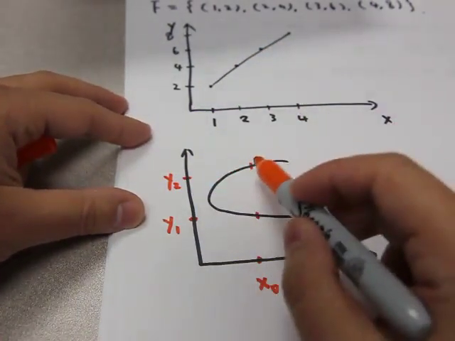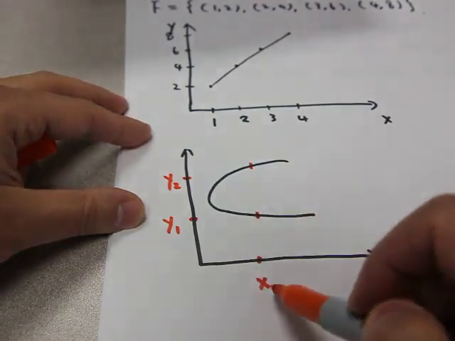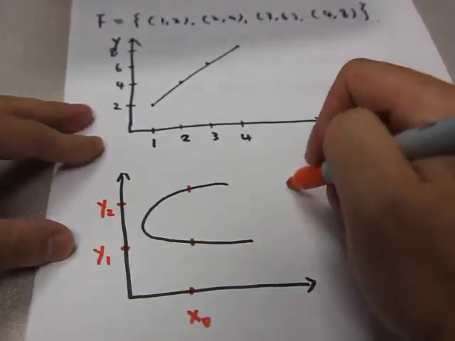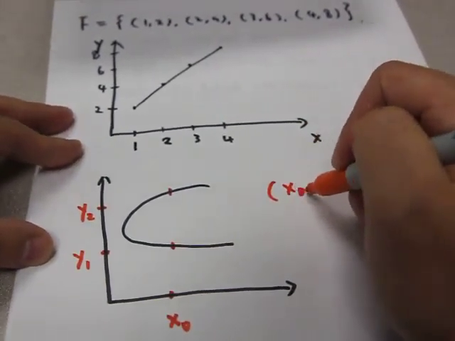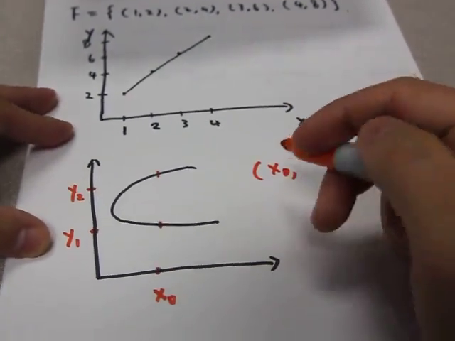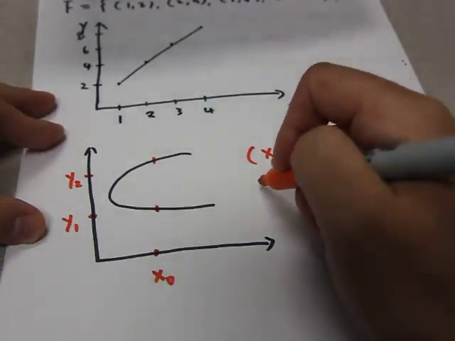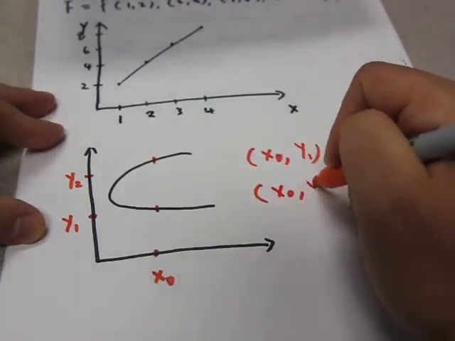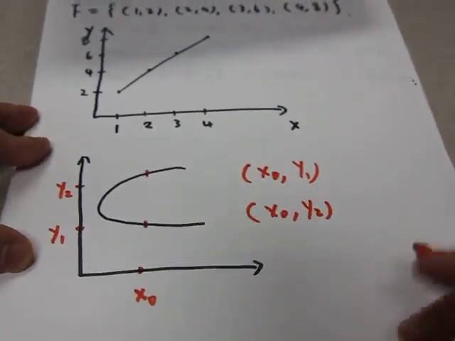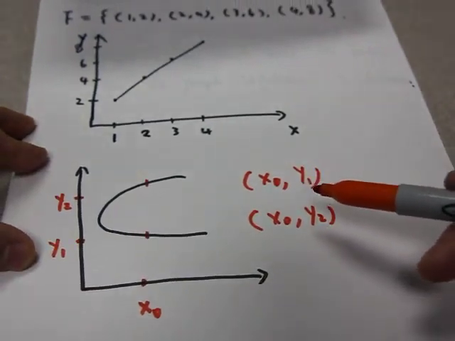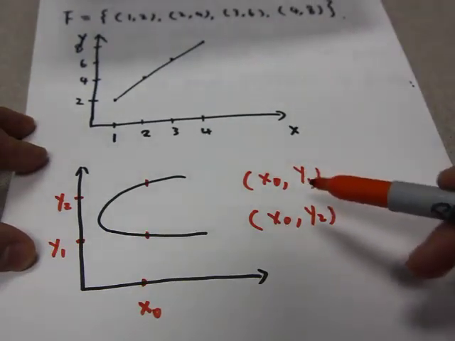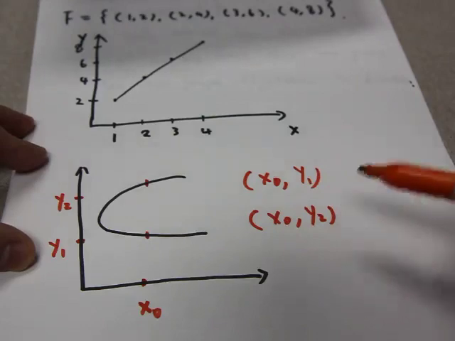Because there are two numbers corresponding to x0, that means we're gonna have these two ordered pairs. One is x0, y1, another ordered pair is x0, y2. And we know if we have such two ordered pairs, then this is not a function, right?